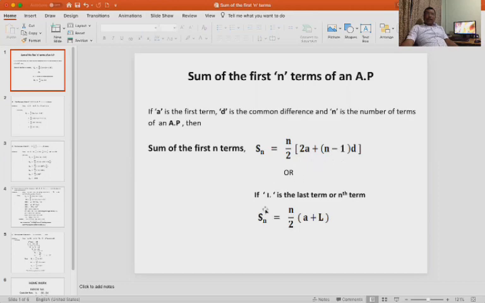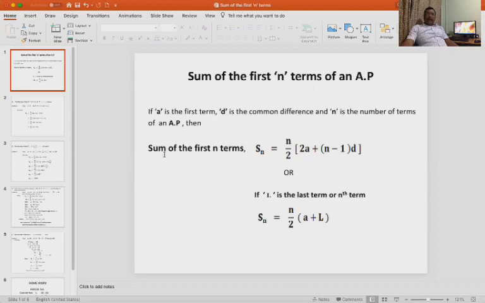Or if L is the last term, or the nth term, then Sn will be n by 2 into a plus L.